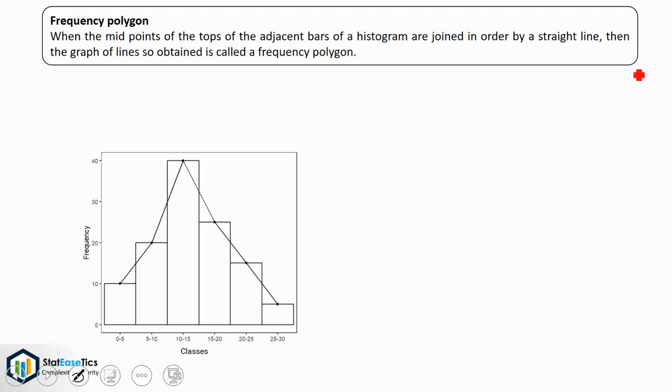Frequency polygon: the midpoints of the tops of the adjacent bars of a histogram are joined in order by a straight line, then the graph of lines so obtained is called a frequency polygon. For example, we denote here the midpoints of the bars and join them in order with the help of straight lines, then we get a frequency polygon.